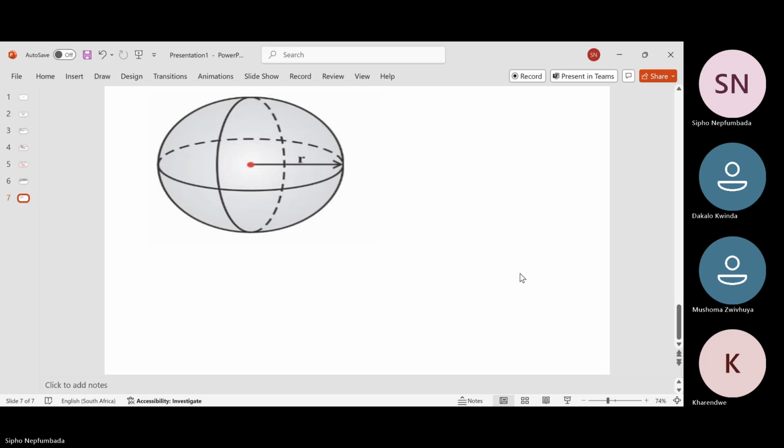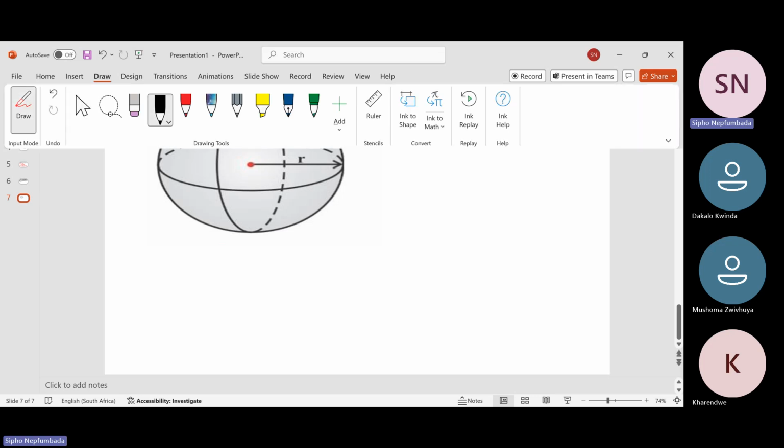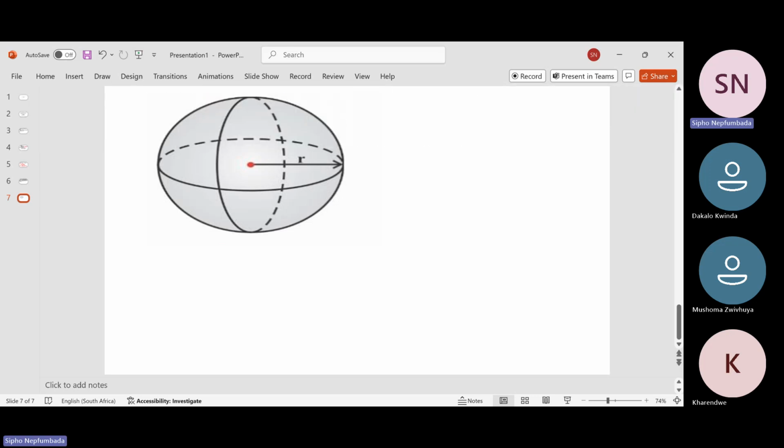Yes. So now, as far as we're concerned, the surface area and volume of a sphere.